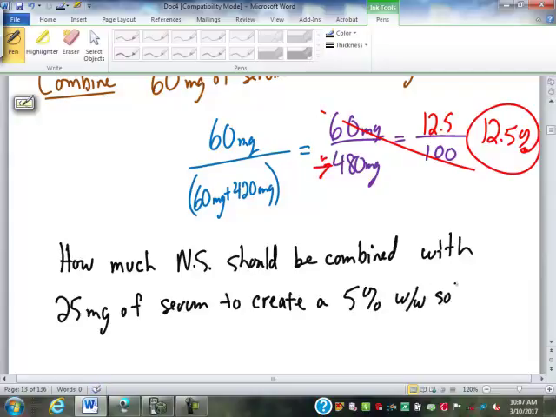That W/W stands for weight and weight solution.